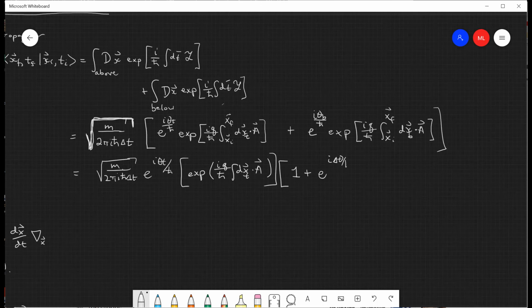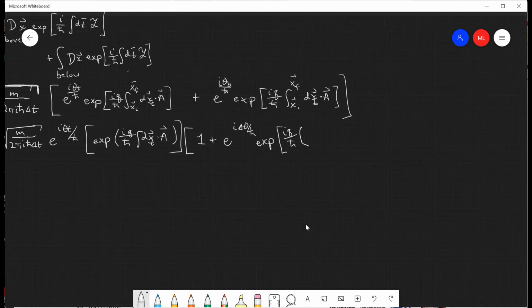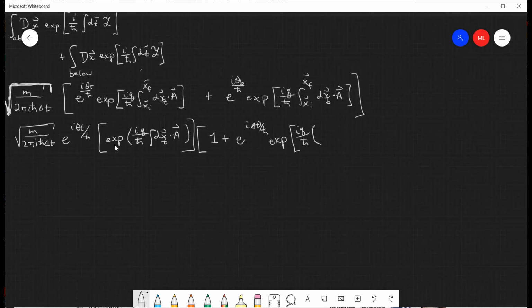And just over h bar is a convenient normalization. So then the theta here is in units of h bar. I guess you can define it without an h bar if you wanted, but it's convenient this way. And now here, what do we get? We get a difference in the two kinds of integrals because we're factoring out this integral over the top paths.